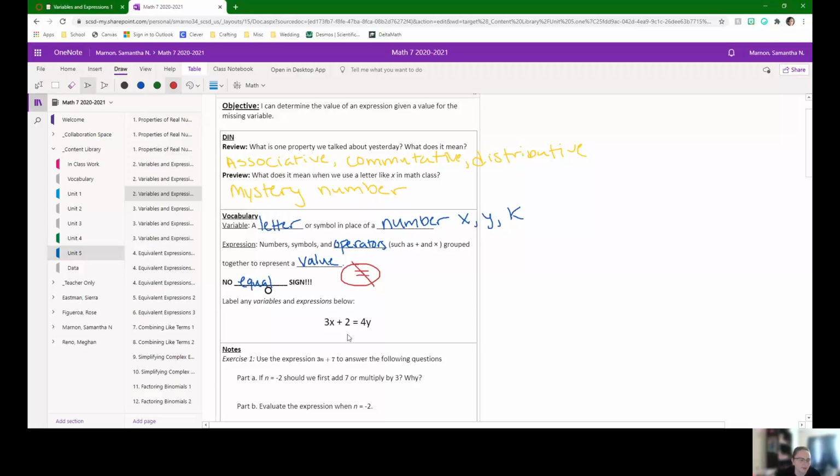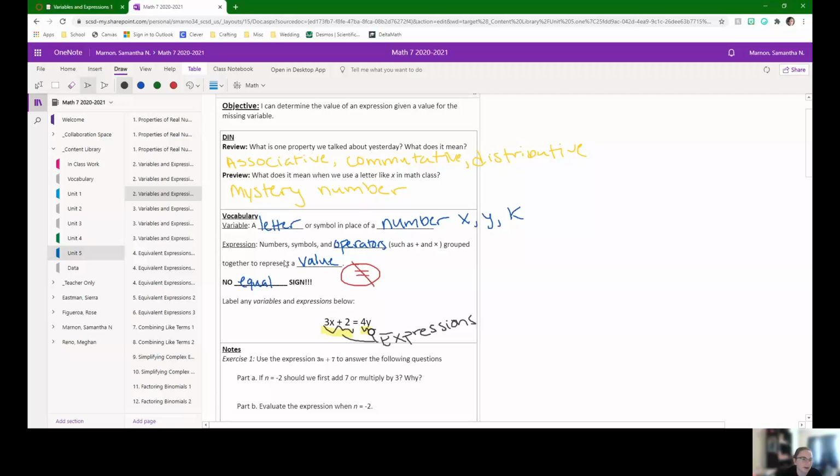So here we have: label any variables and expressions below. I'm going to color code it. This whole thing and this little thing, those are expressions. They're just grouped together. They have some kind of value, whether we know what it is or not. So that 3x plus 2 is one expression and 4y is another expression.